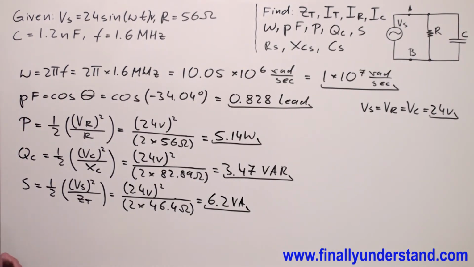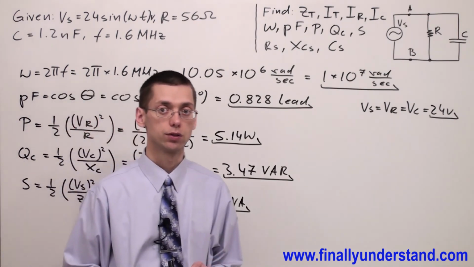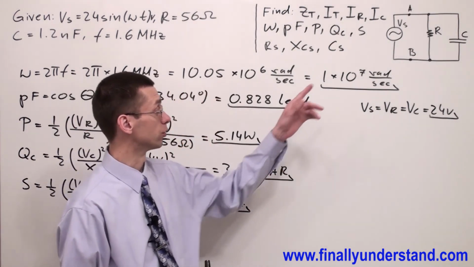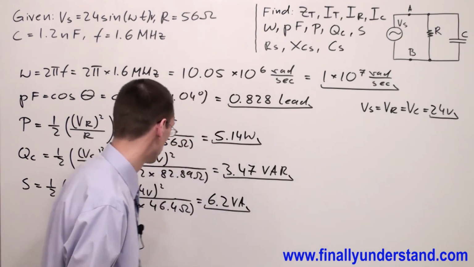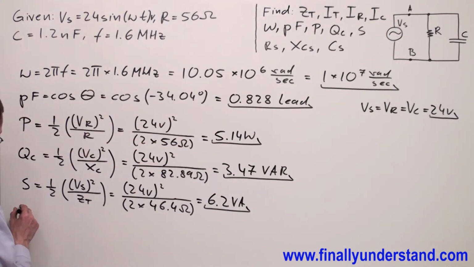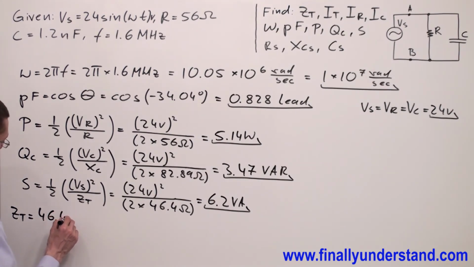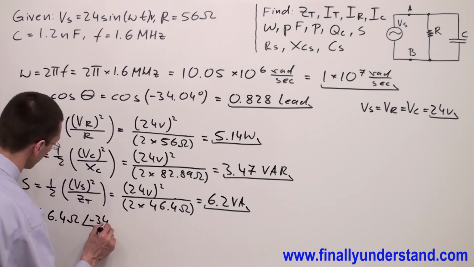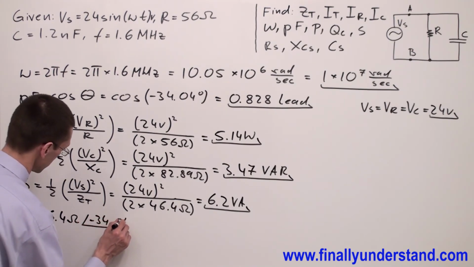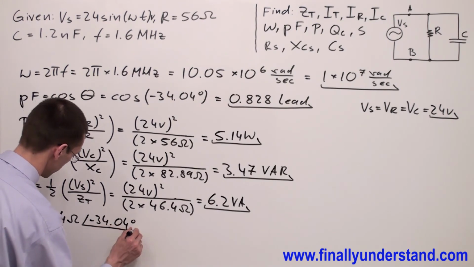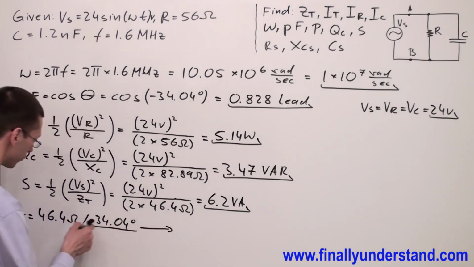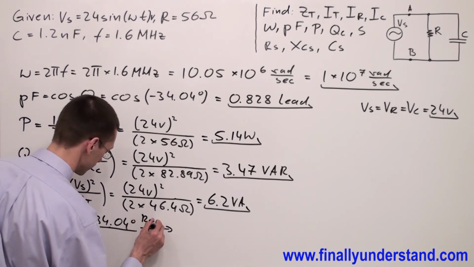Next, I'm supposed to find the series equivalent circuit to my parallel circuit. So what I'm supposed to do is write again Z total. We found this, it was 46.4 ohms and angle of negative 34.04 degrees. You have to convert polar form to rectangular form.